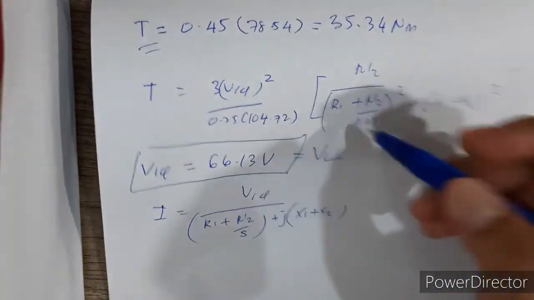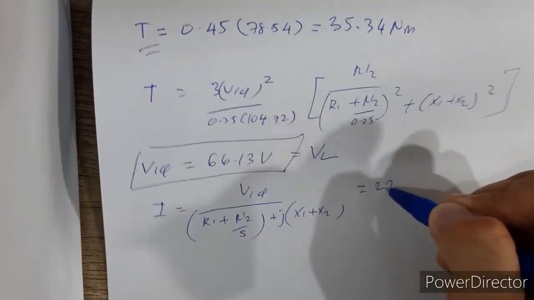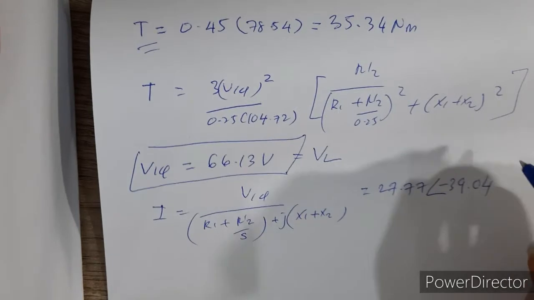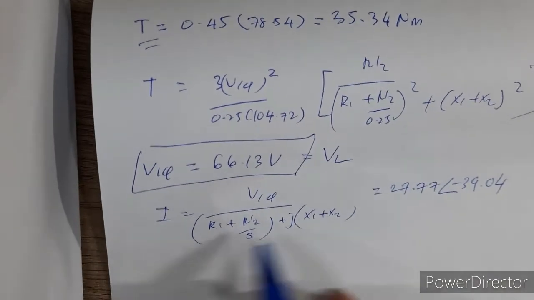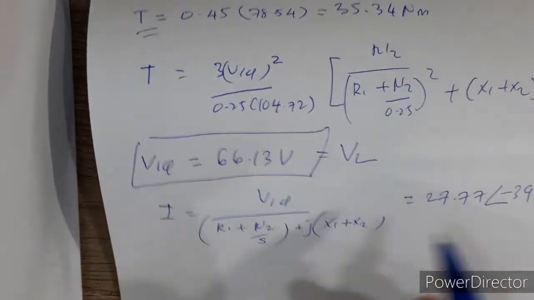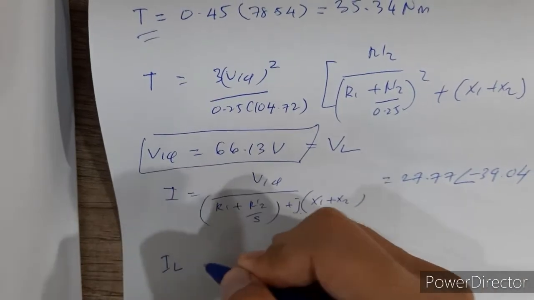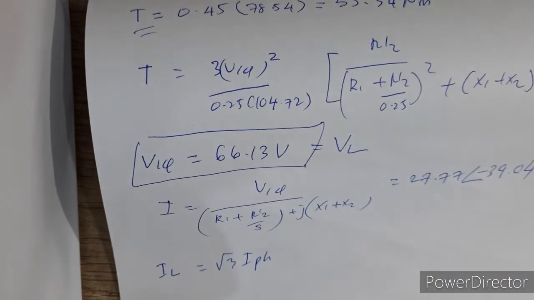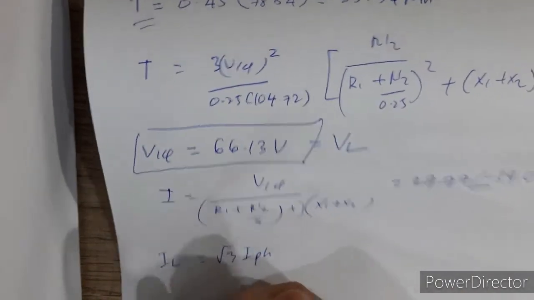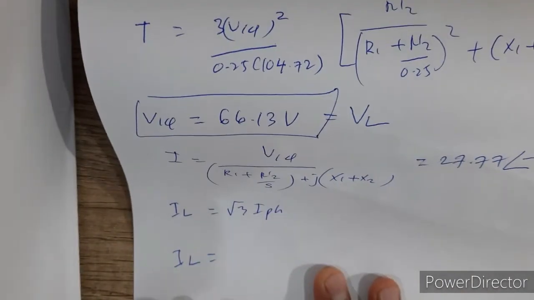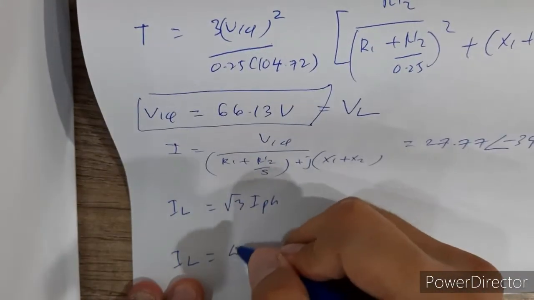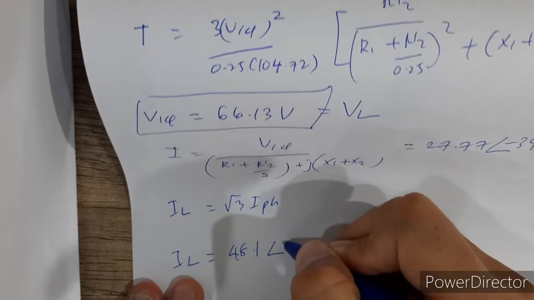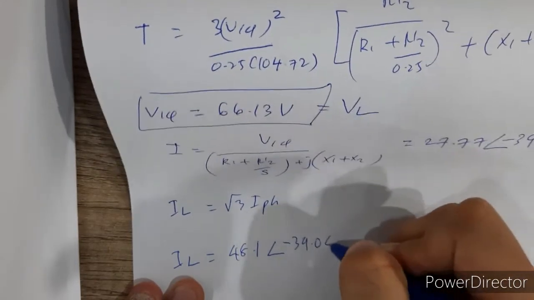Right, so the answer for I is 27.77 angle of 39.04. You have to remember this is a delta connected system, so I line equals square root of 3 I phase in terms of magnitude. So I line is 48.1, angle of negative 39.04.